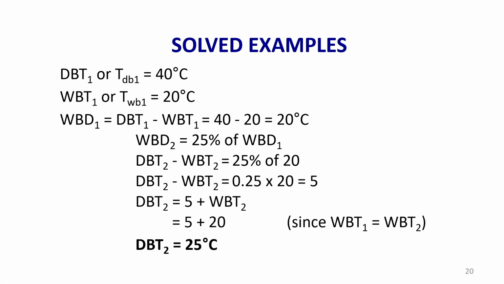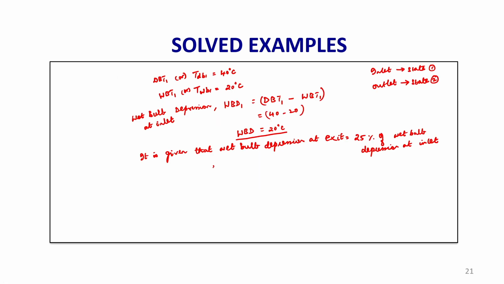Okay. So, now wet bulb, convert this statement into the formula. Wet bulb depression at outlet, WBD2, is equal to 25% of wet bulb depression at inlet.